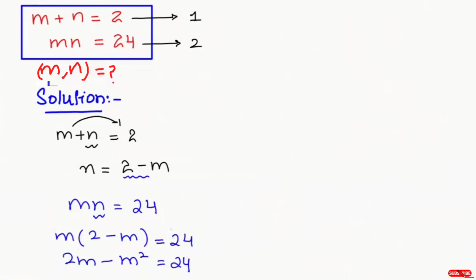Now I'm going to take this 24 to the left hand side. This will turn to negative m square plus 2m minus 24. For removing this negative sign, I'm going to multiply both sides by negative 1.